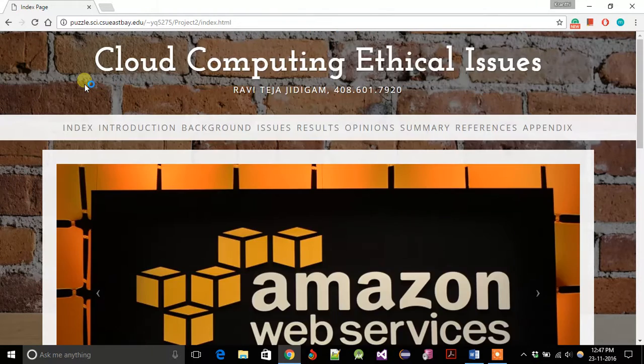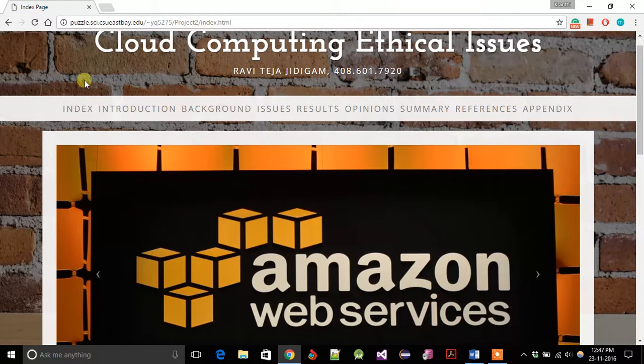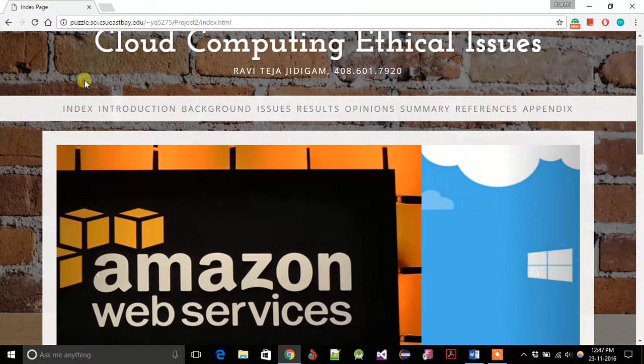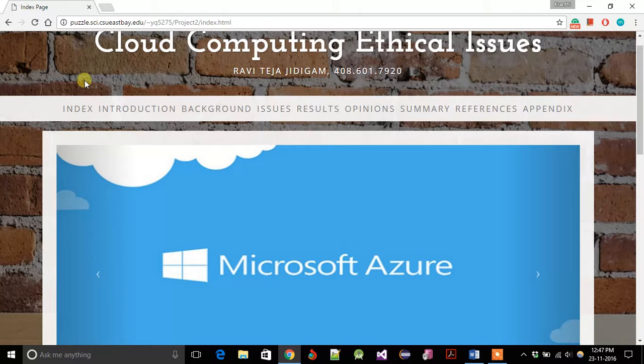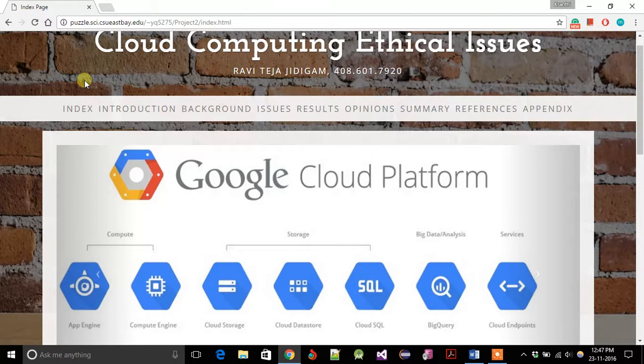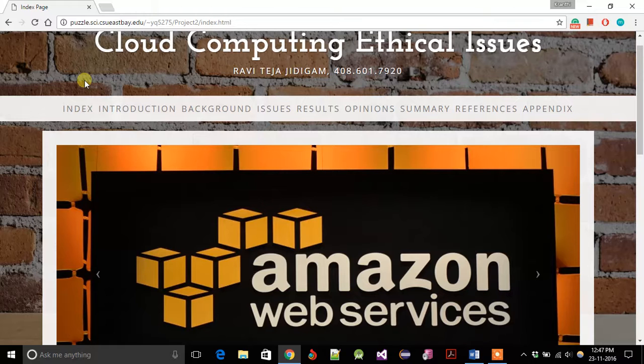This is the index page. It is an entrance page with a navigation bar, title, logo and my name, and it contains an abstract of around one or two paragraphs saying what the outline of this presentation is about.